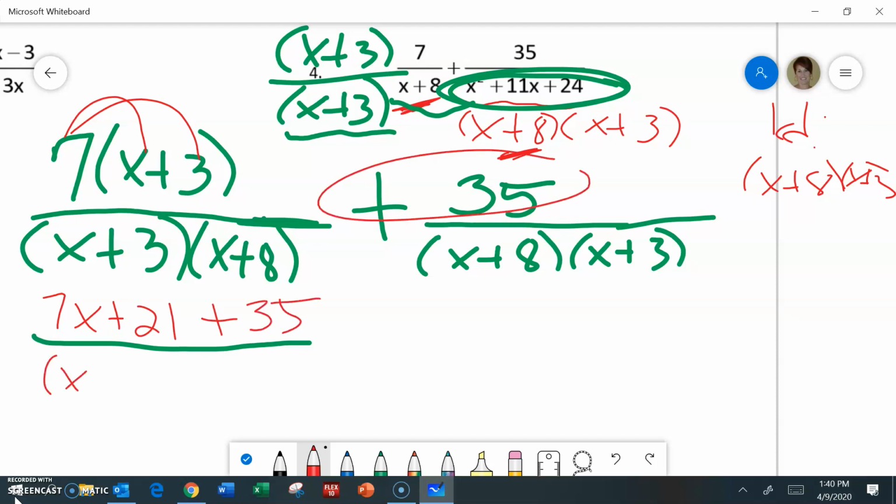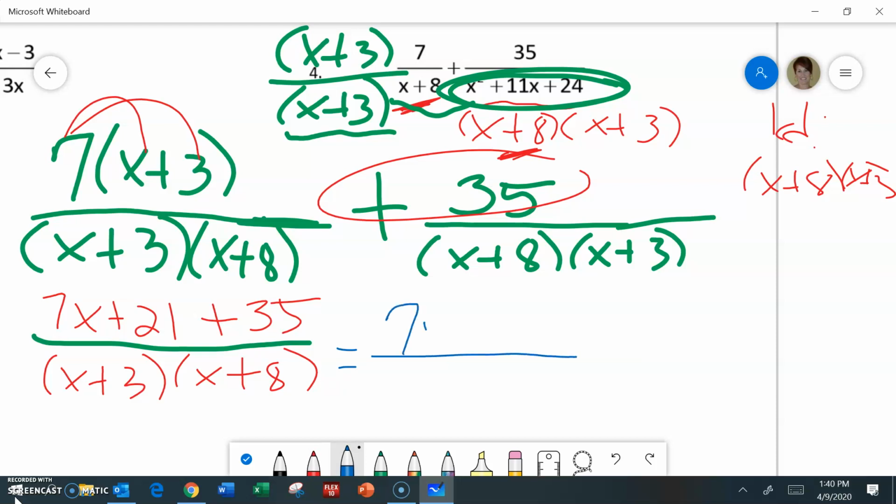And then our denominator, because they're now the same, we are going to write that addition over the same denominator. Okay, now let's add. So we're going to have 7x, and 21 plus 35 is 56. So we have now actually completed the addition.